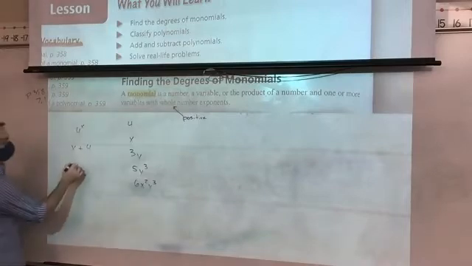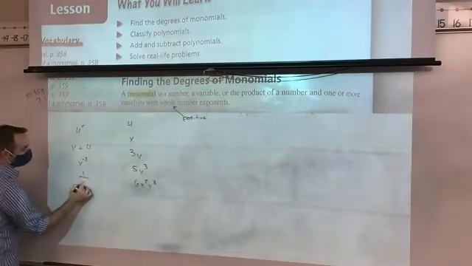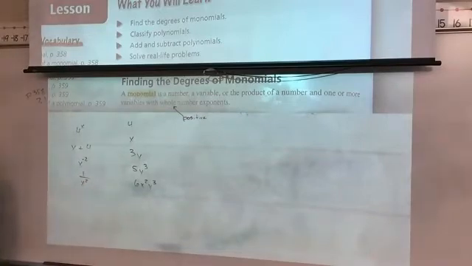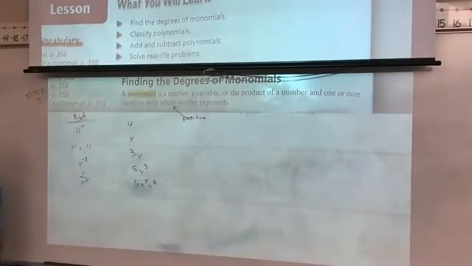If you have a negative exponent, you can't do that. Even if we change that over into 1 over, we still can't do that. You can't have a variable in the denominator. So all of these are not monomials. Any other questions on monomial?